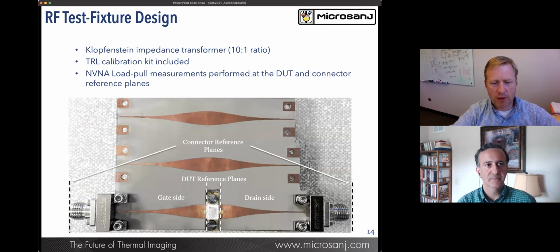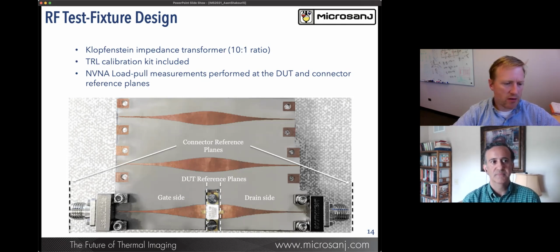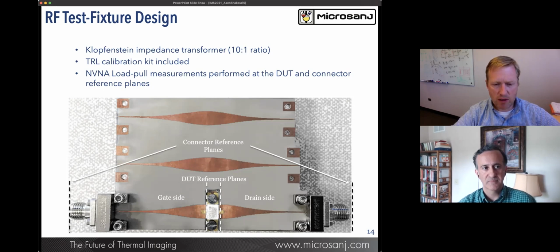For measurements, we remove the lid so that we can see down onto the gallium nitride device itself and then do the thermal reflectance measurements. As I'll show shortly, this is going to be embedded in an NVNA load pull system, and then we'll do measurements, and we can either take those at the connector plane or, through the TRL de-embedding, get right down to the edge of the package.